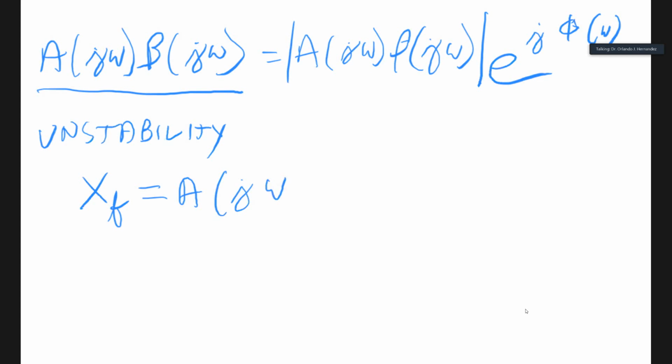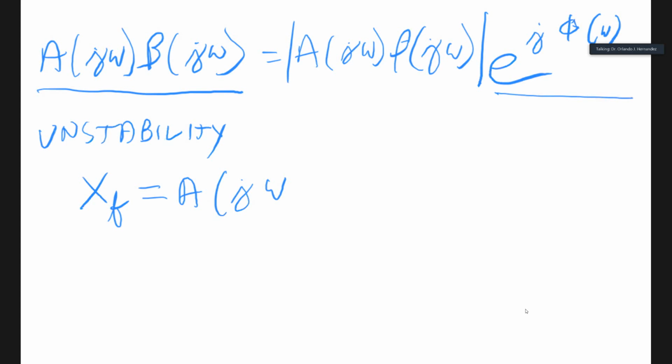So what is that omega at which the phase, which remember is also a function of frequency, becomes 180 degrees?